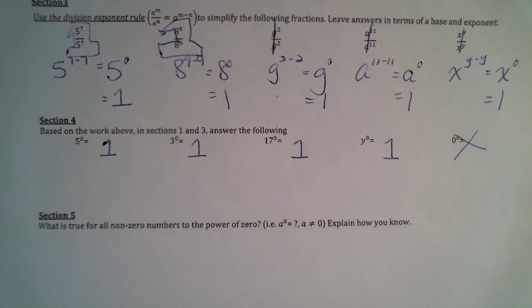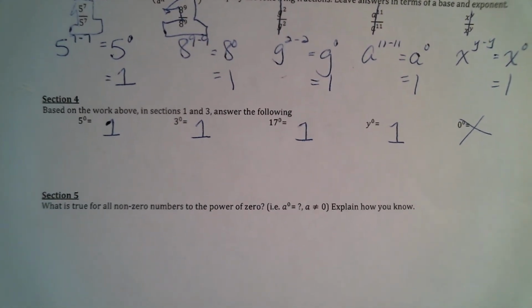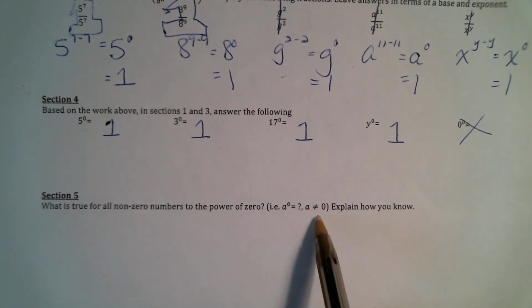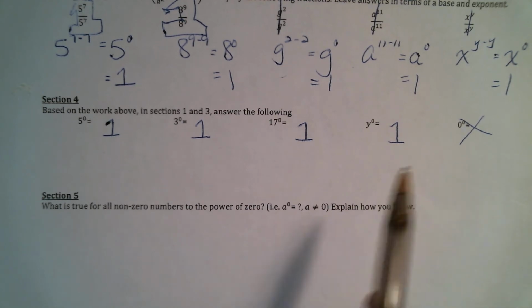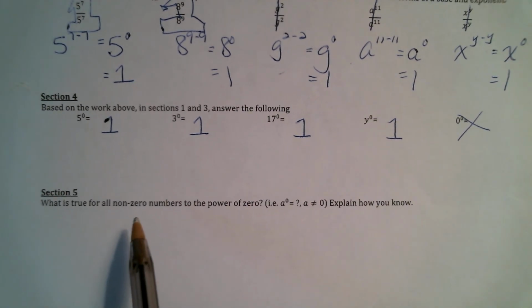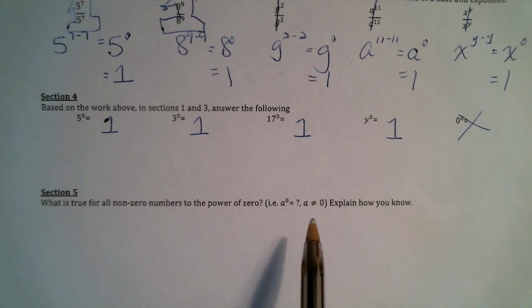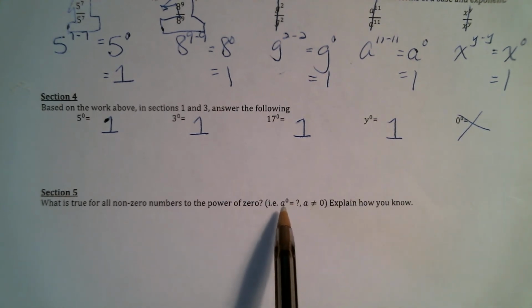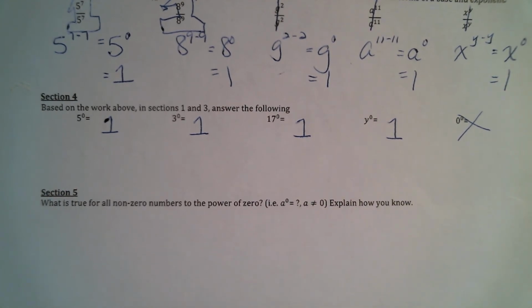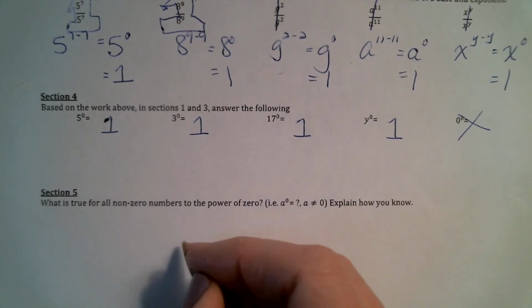All right, so let's jump to something that we assume is true. Base can't be 0. That's what we're talking about right here. But what would be true for all non-zero numbers to the power of 0? So if this weren't 0, it could be any number raised to the 0 power. What do you think that is?